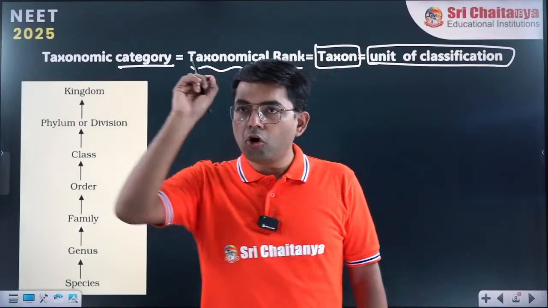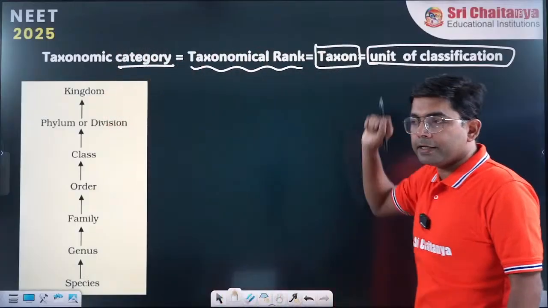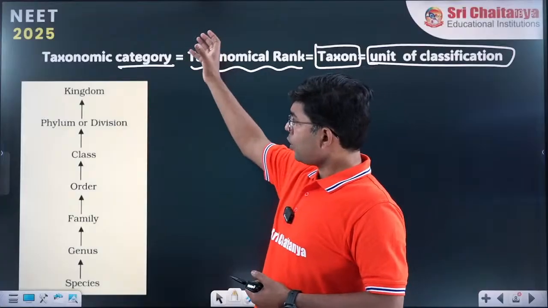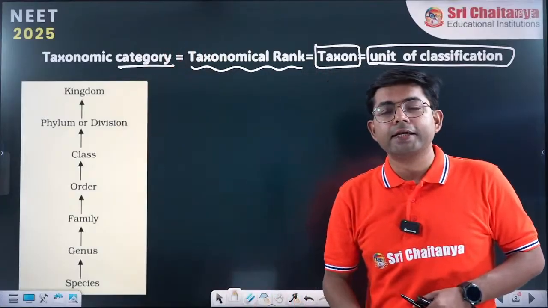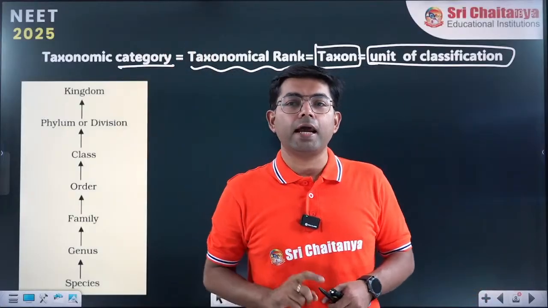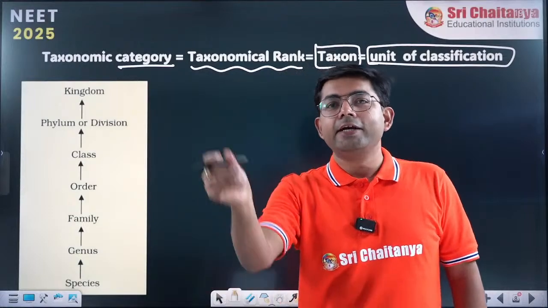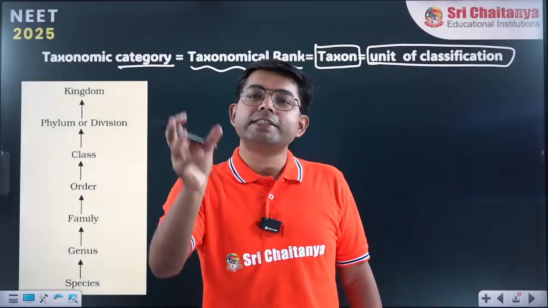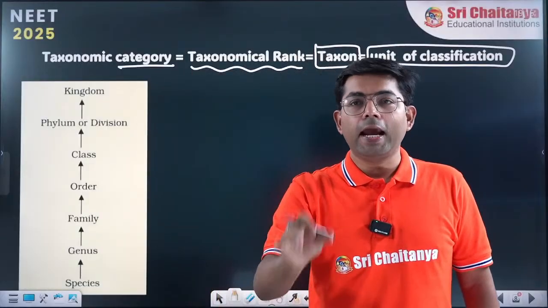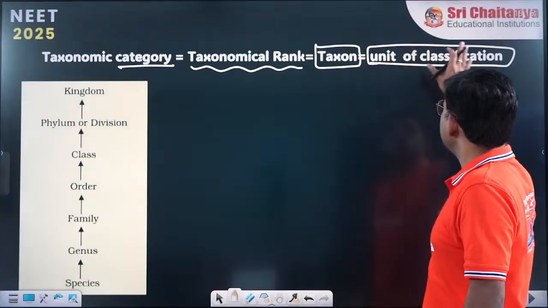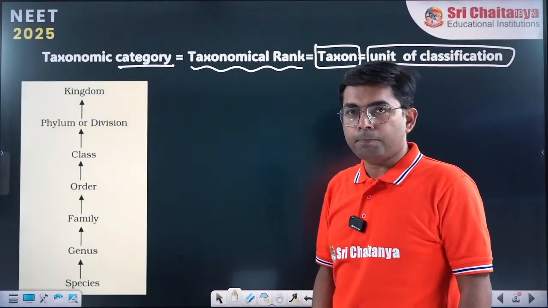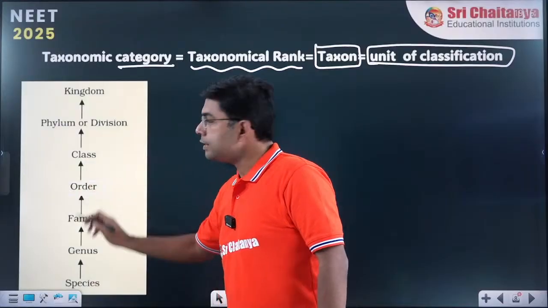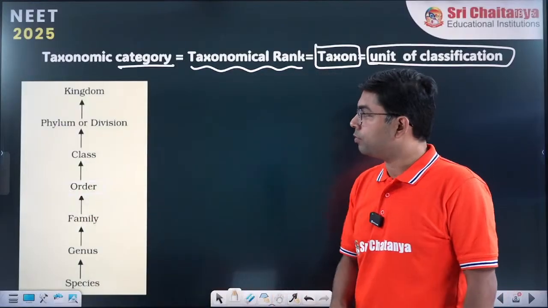All these terms are given in NCERT. Many times students get confused about what a taxonomical category is and how it is different from a rank. Each category also represents a rank, and each category is also a taxon, and a taxon is considered a unit of classification. If I ask, is order a taxon? Yes, order is a taxon.